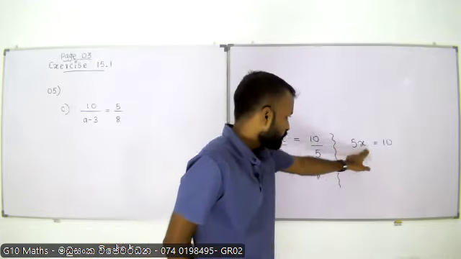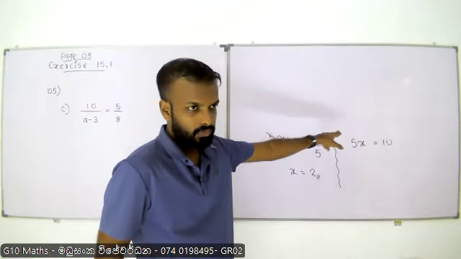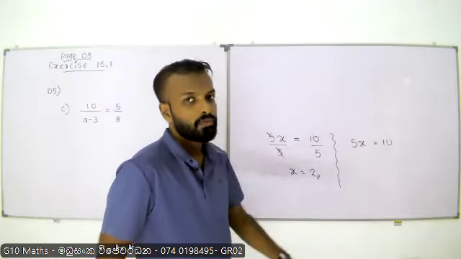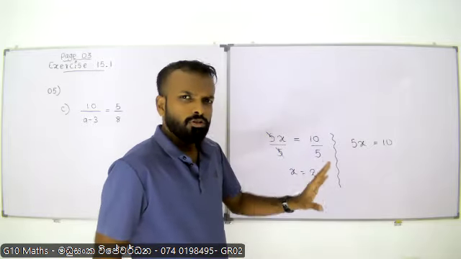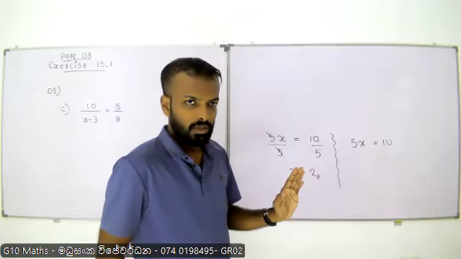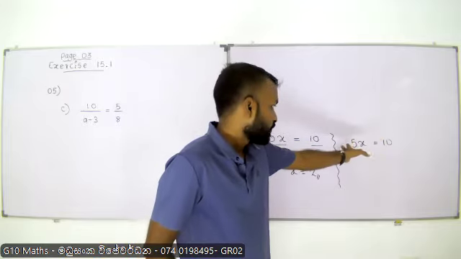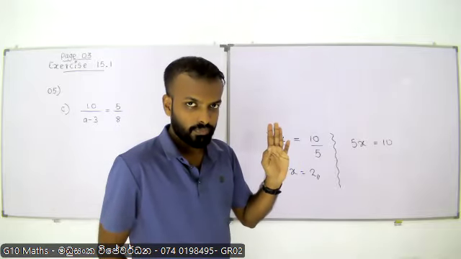The 5 is common to 10 as well, because 10 is a multiple of 5. That's why we divide both sides by 5. So you can directly simplify this kind of equation, left hand side and right hand side, in this manner.